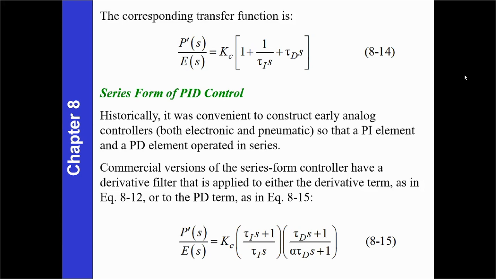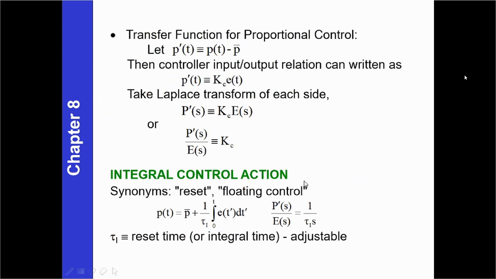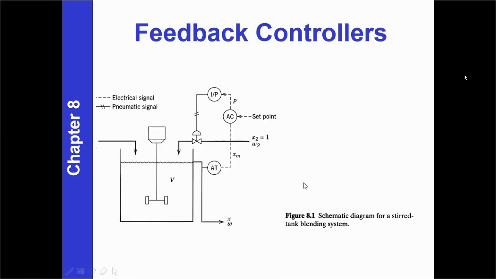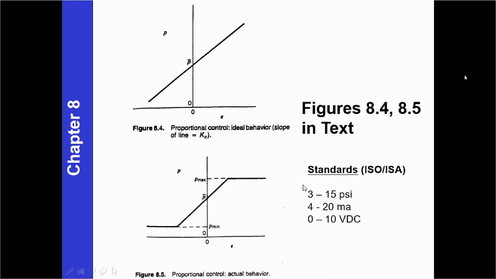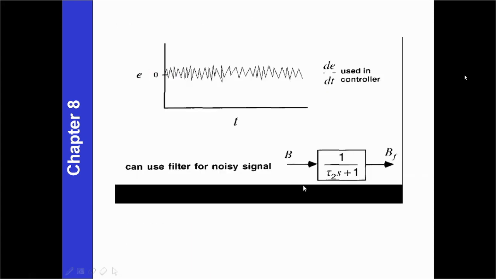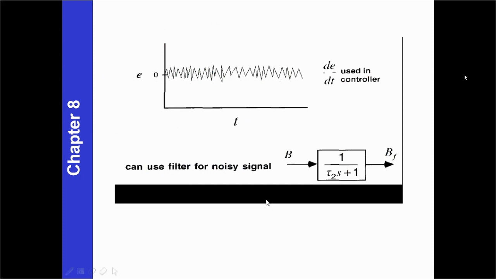The commercial versions of the series form controller have a derivative filter that is applied to the derivative term, given by equation 8.12, which is actually 8.15.